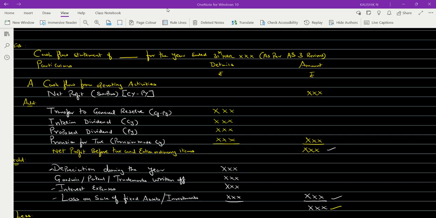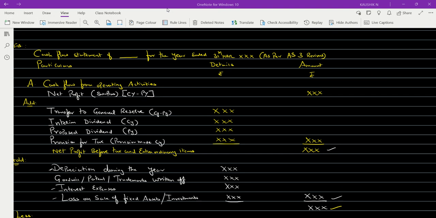You able to understand? So when you subtract this value from the above, you will get a net figure. This value can be positive or negative. Positive are the flow, negative are the used.